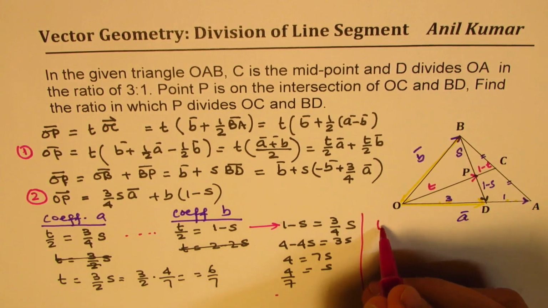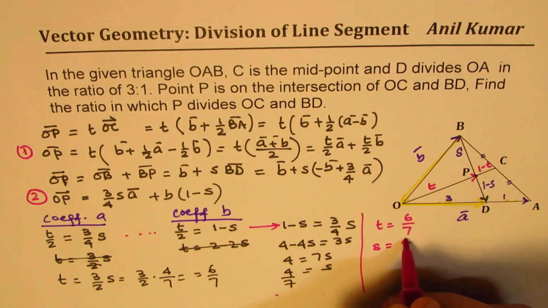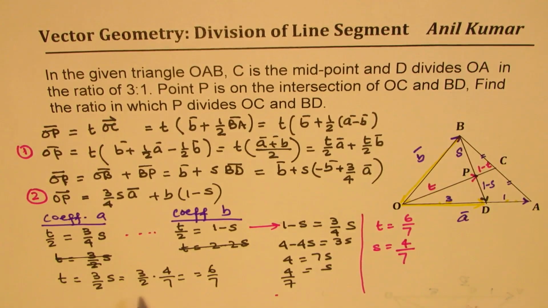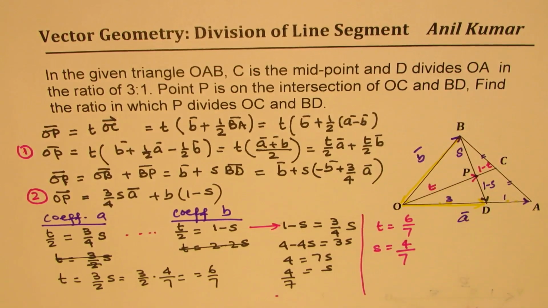So we are saying t is basically equals to 6 over 7 and s is equals to 4 over 7, right? So this cancels 2 times 6 over 7, and here we get 4 over 7. That's correct.